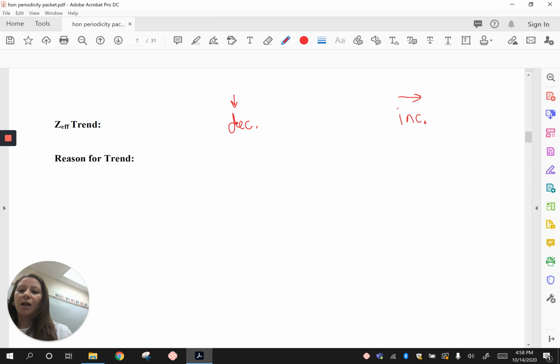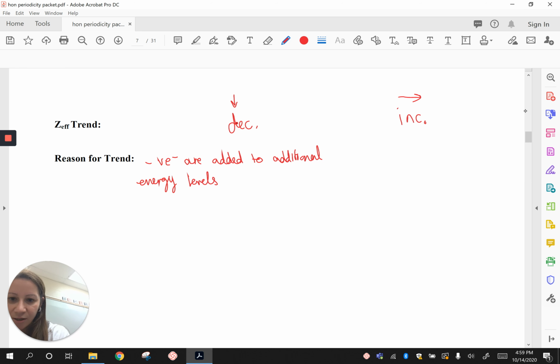So as you go down a group, the main thing to remember when you're coming up with these reasons is where are your extra electrons being added. My extra electrons as I go down are being added to new, additional energy levels. So as you go down a group, the valence electrons are added to additional energy levels.